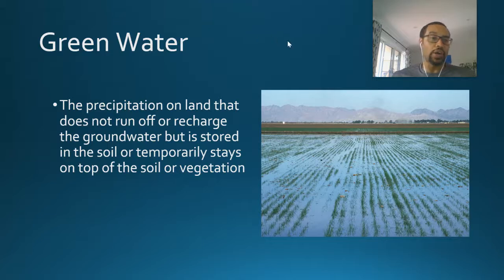That's called green water. If it's on the farmer's field, like you see in the picture there, it could potentially contain some of the pesticides or herbicides that were sprayed, or even just fertilizer.